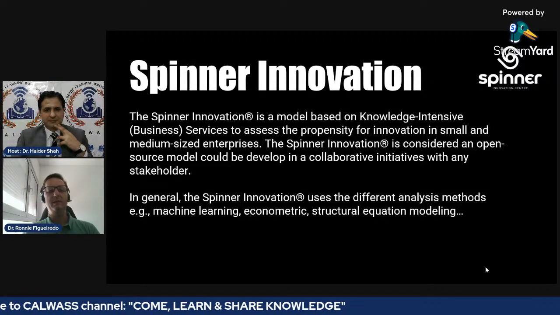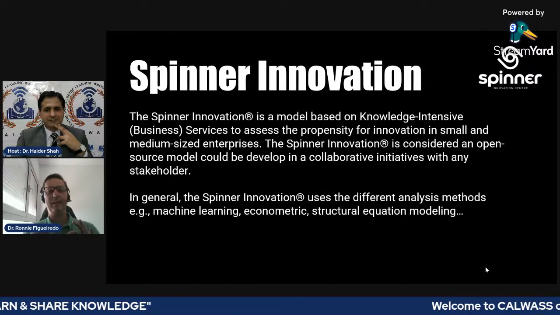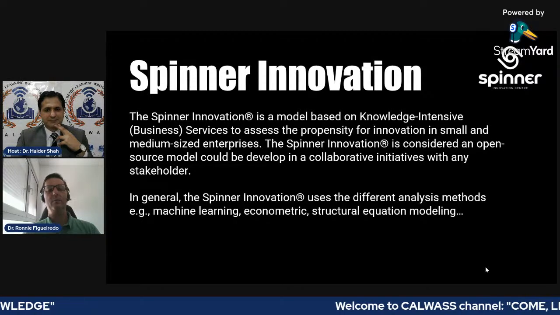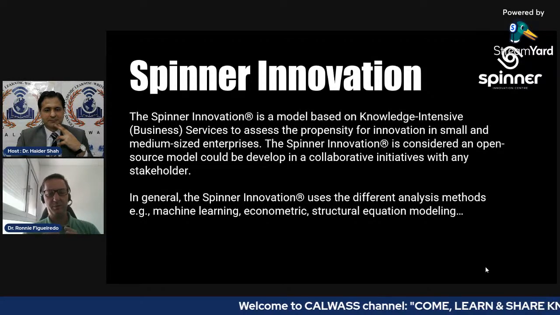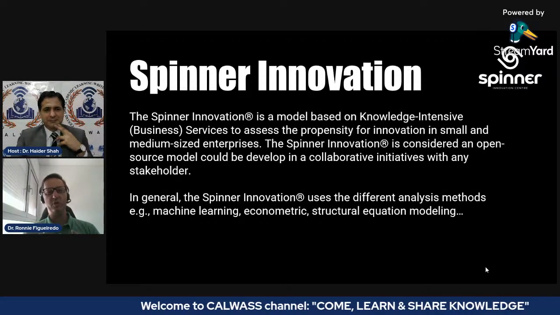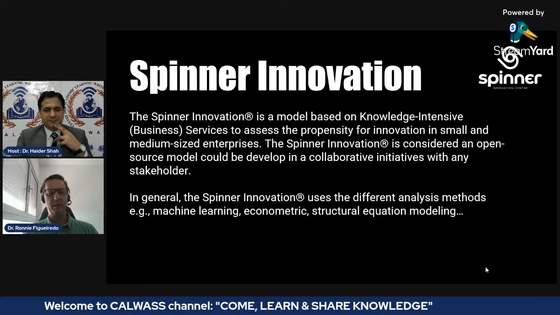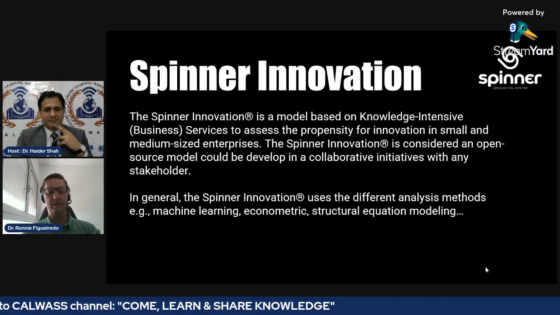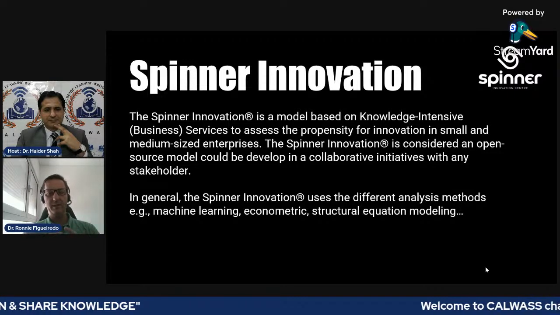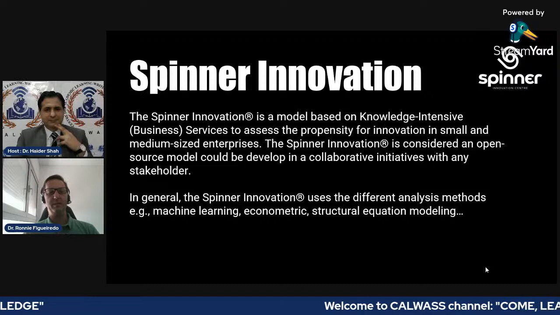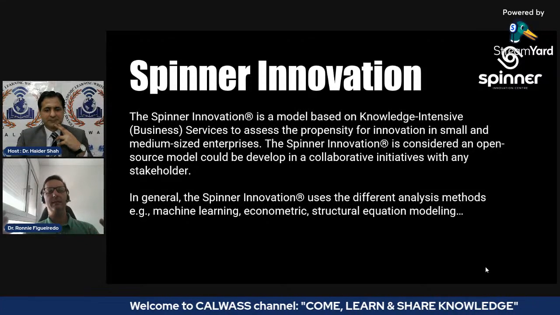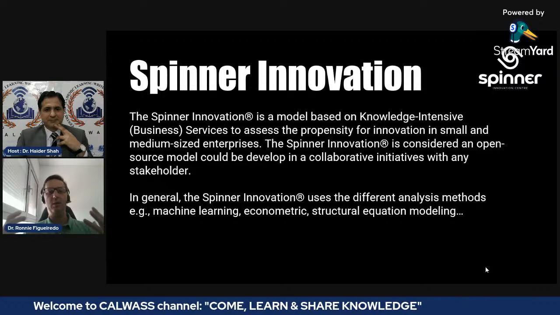Knowledge intensive business service is a specific innovation area, a specific innovation line, a specific firm, a specific business that provides strong, specific professional knowledge to support different enterprises around the world. So the name of these firms is knowledge intensive business services, KIBS. Okay, so we created this spin innovation model based on KIBS.